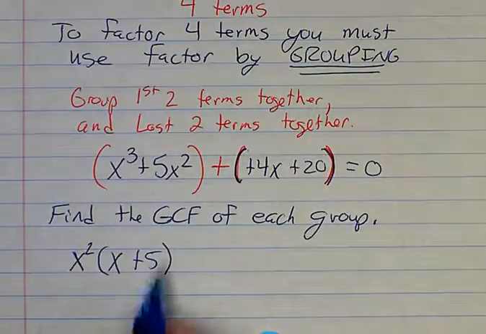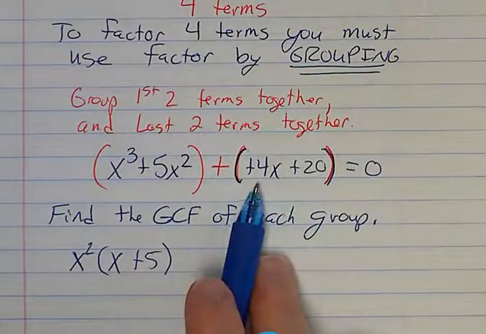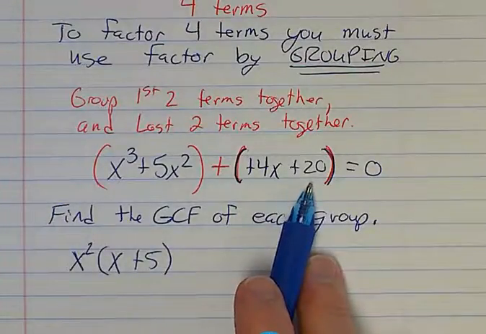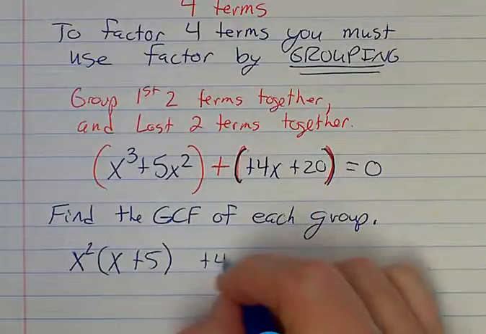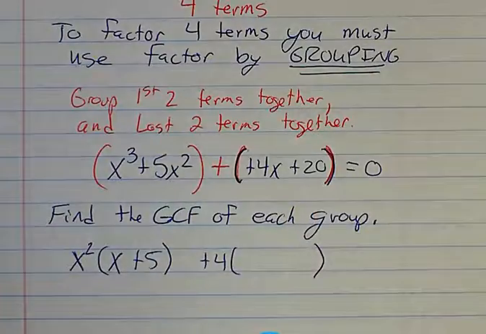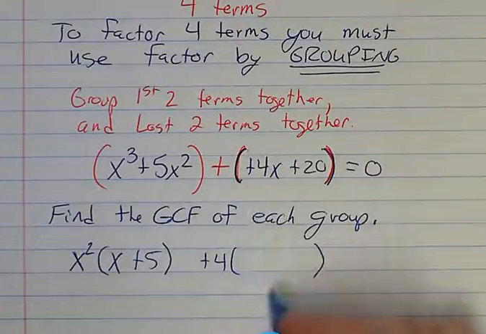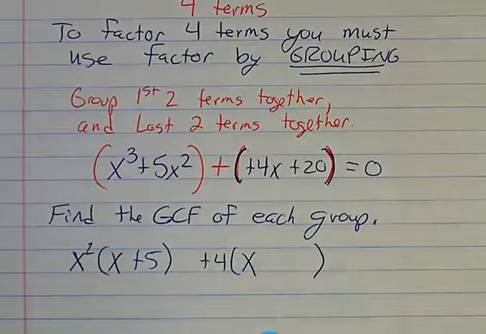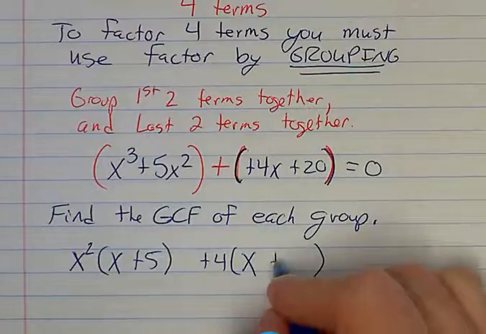Okay, so there's your first set. Second set, it's 4x and 20. What can you divide both 4 and 20 by? It's 4, right? So take the 4 out. 4x divided by 4 is just x. 20 divided by 4 would be the plus 5.